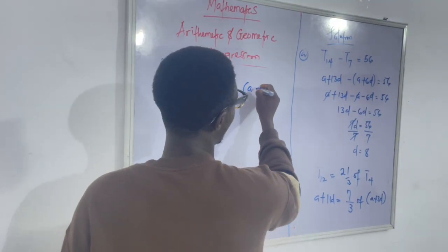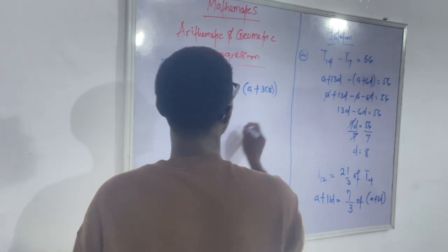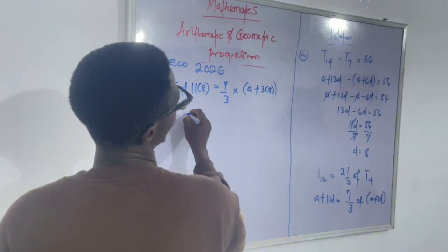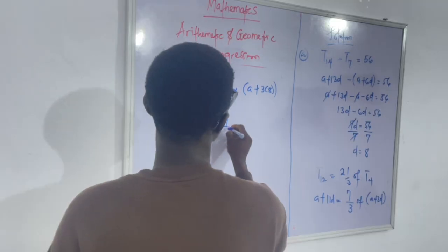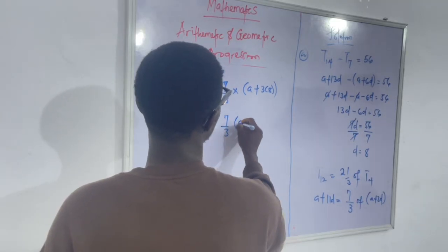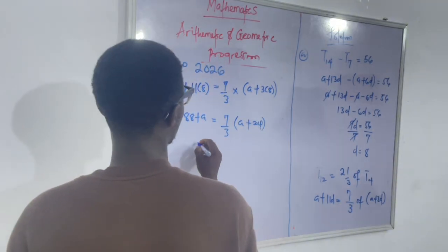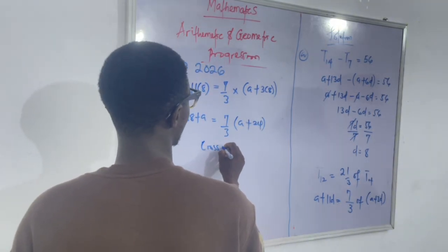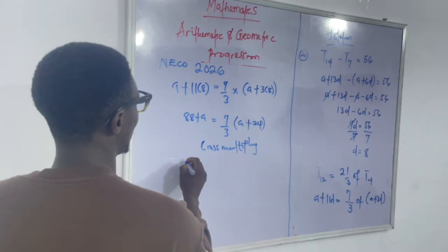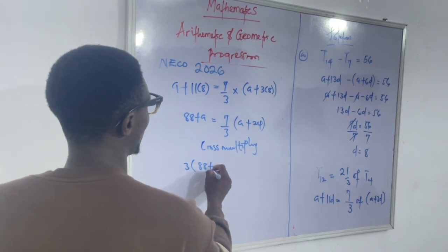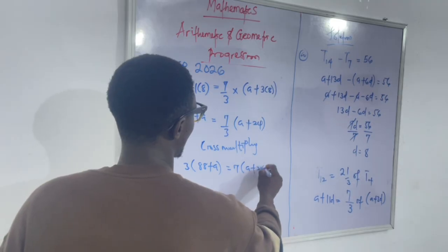So A plus what? 3 times 8. So this is what? 88 plus A equals 7/3 into what? A plus 24. So let's cross multiply. So 3 into 88 plus A, and 7 into A plus what? 24.